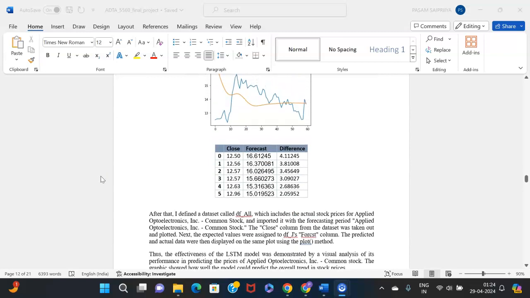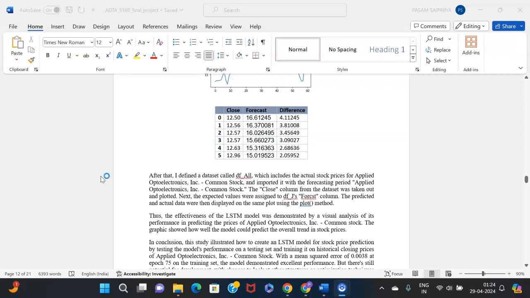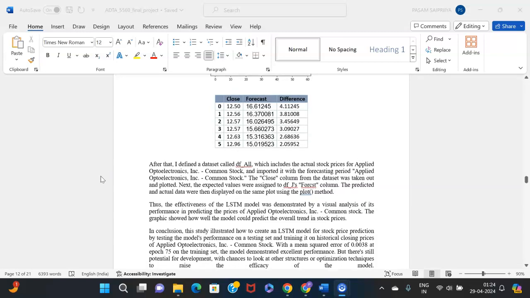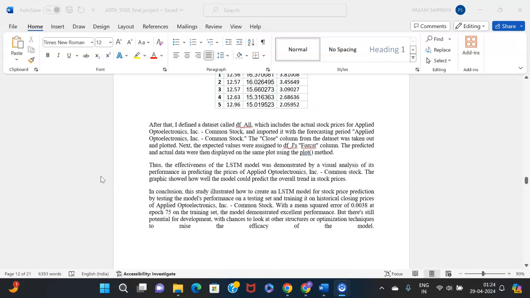After that, I defined a dataset called df_all, which includes the actual stock prices for Applied Optoelectronics common stock, and imported it with the forecasting period. The close column from the dataset was taken out and plotted. Next, the predicted values were assigned to the df forecast column.